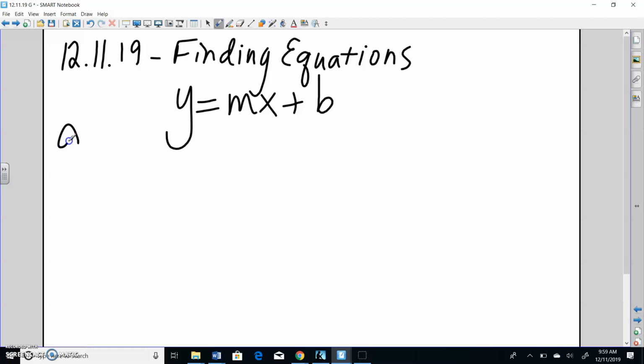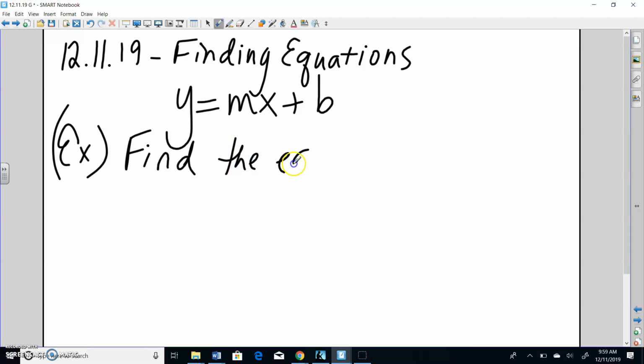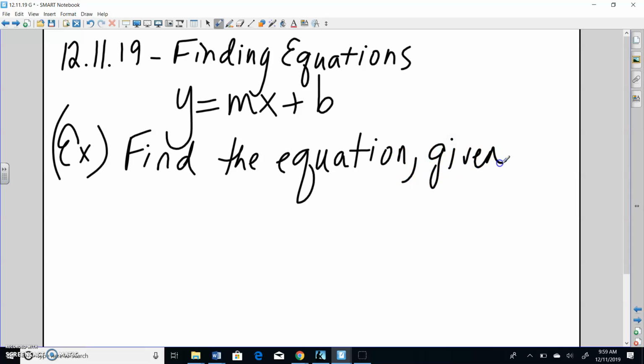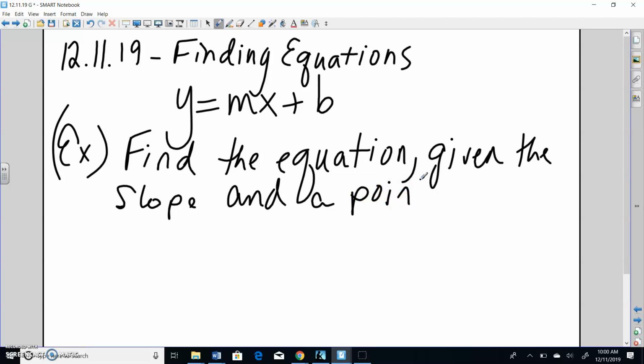On our problems, we're going to find the equation given the slope and a point on the line.